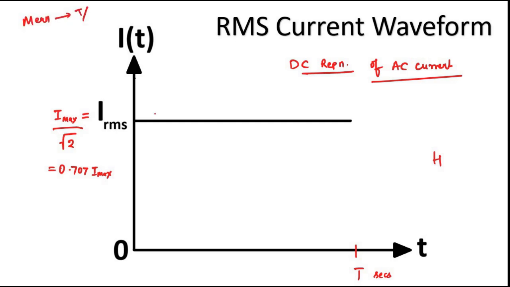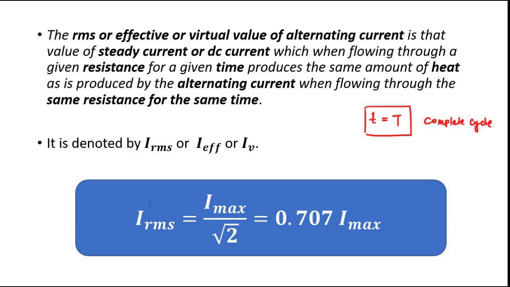In RMS value, we take the full cycle t. This is the only difference. Now we will derive how we got this value of IRMS as Imax by root 2 or 0.707 Imax.